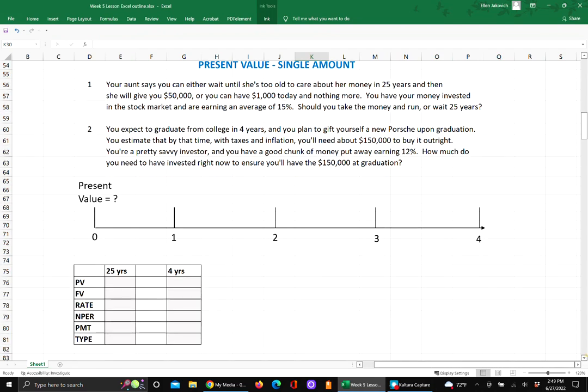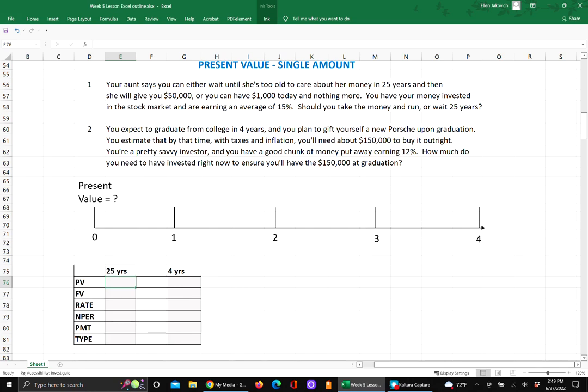Just as with my future value problem, I set up a table down here below. Our present value is what we're trying to solve for. We know that the $1,000 today is worth $1,000 right now in the present.